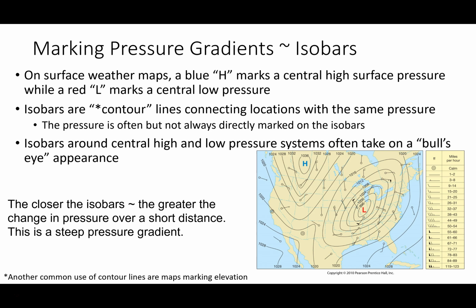I'll go back to elevation and draw another mountain where, again, the center is tall. Here's my peak. Then I'm going to step down 5 meters here, and step down 5 meters here. And then I'm going to run out of room, 5 meters here.